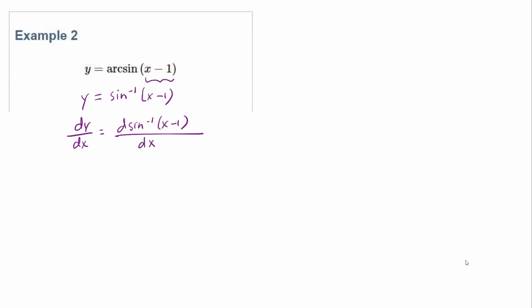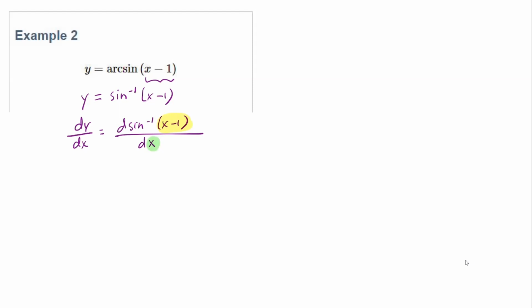If you notice here, the variable inside sine inverse is x minus 1, but the denominator is dx. So that means we have to adjust something here, right?